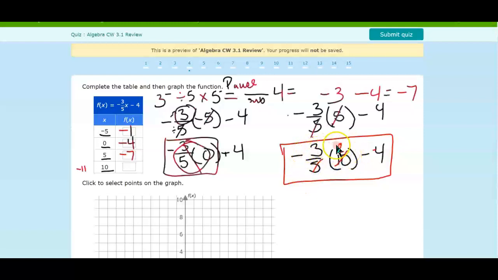Negative 3 times 2 is negative 6, minus 4. Ooh, in fact, I did predict wrong because I have a headache. This prediction should have been negative 10, so my prediction was wrong. Negative 6 minus 4 is negative 10. The correct answer is negative 10.